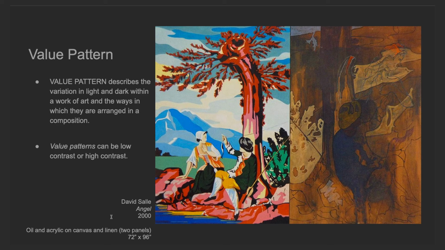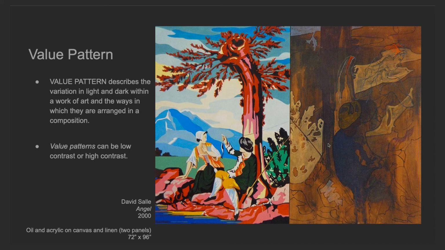So if I were to describe the value pattern of this artwork, I would say that the left side is high contrast. There's black and there's white, or something close to it. On the right side, I would say that it is low contrast.